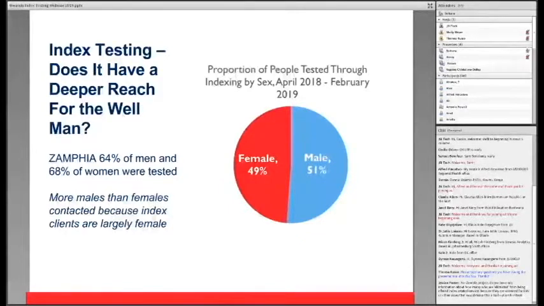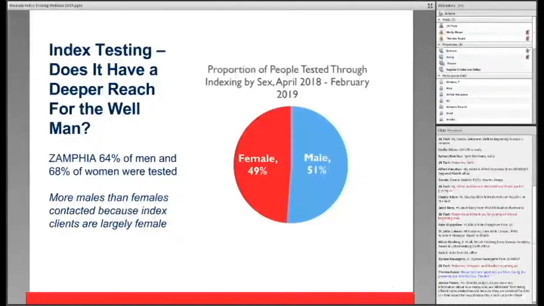Now, something of key interest, especially at a time such as this one, and responding to our epidemic in Zambia, where more men remain untested compared to women, and the well man becomes very difficult to reach out to and bring into care.